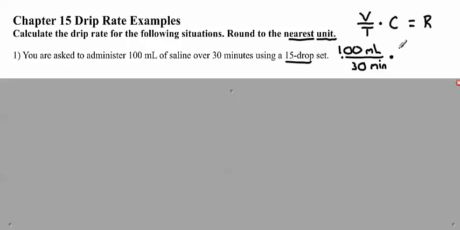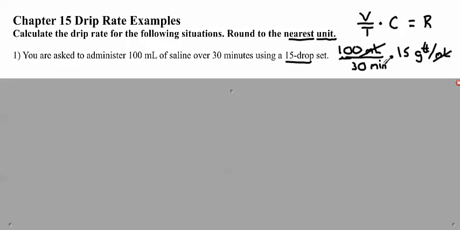Now remember what that means. That means there's 15 drops per every 1 milliliter. So if we multiply this out, the units of milliliters will divide out, and our answer will be in GTT per minute. GTT in the numerator, minute in the denominator.